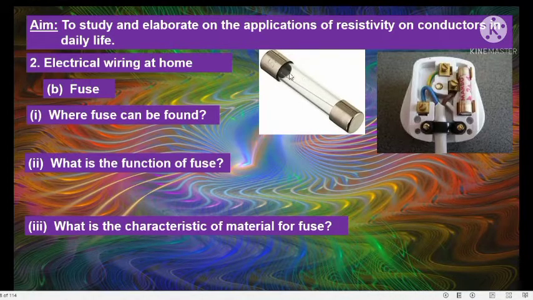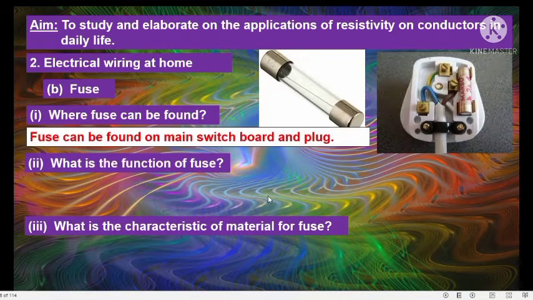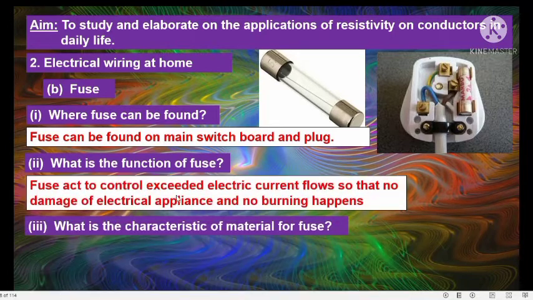Now we discuss more about electrical wiring at home. Fuse, the use of fuse. This is a fuse. We can always see it in the 3-pin plug. A fuse can be found on the main switchboard and plug. What is the function of a fuse? To control excess current flow so that there is no damage to electrical appliances and no burning happens.